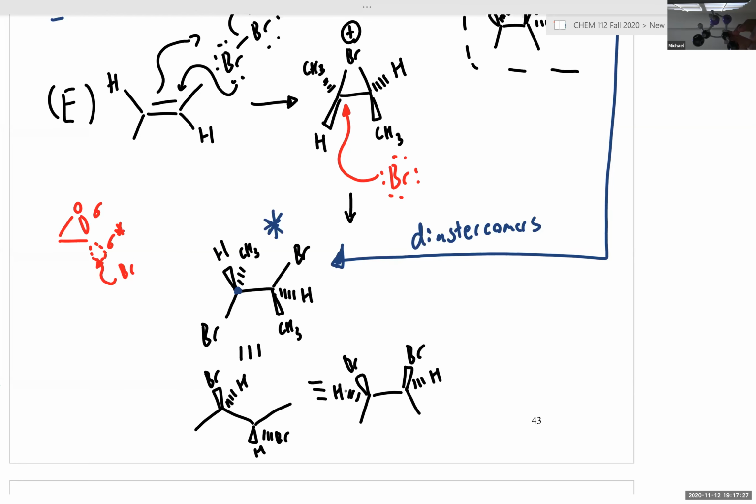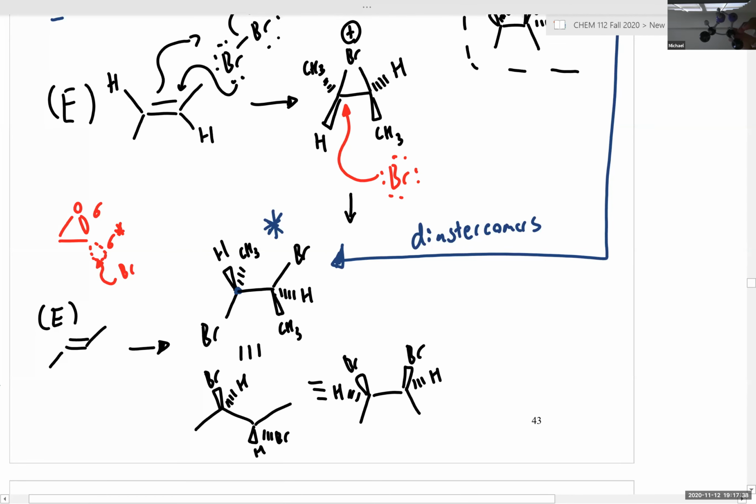Does everyone understand how these three structures all come from our E alkene, and they're all the same structure? And of course, you have the enantiomer because you have two faces for attack.